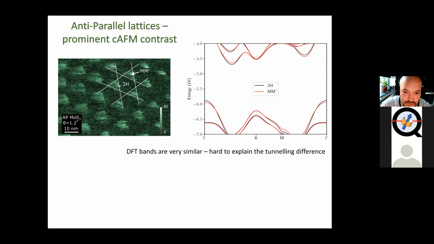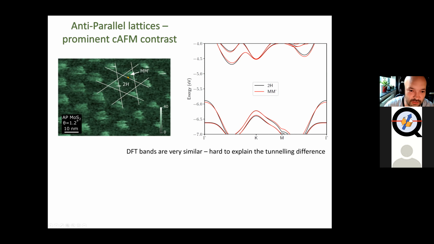The band gap is very, very slightly different. And there is no asymmetry here because these are centrosymmetric systems. They should both have symmetric wave functions on both layers. So this was hard to explain until we started looking into the strain.